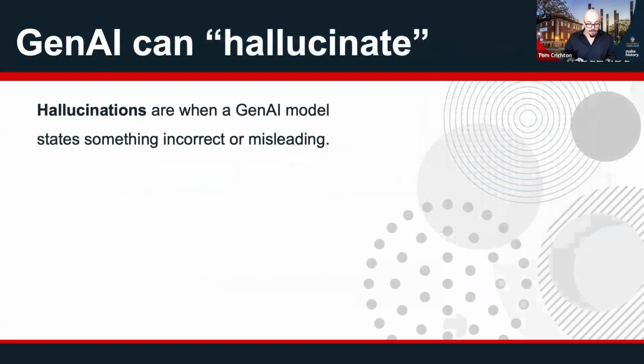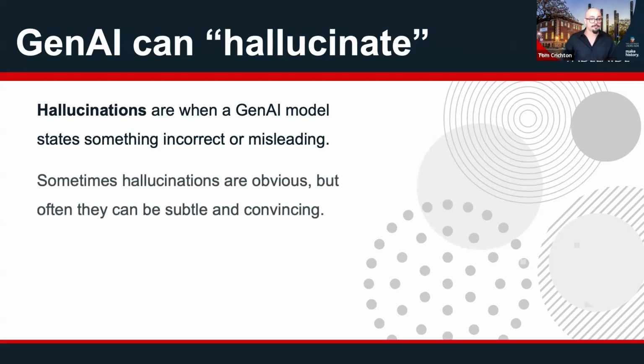So because of this, Gen AI can hallucinate. Hallucinations are when a Gen AI model states something incorrect or misleading. Like I said, most Gen AI doesn't actually know about the world, and so it can get things wrong.